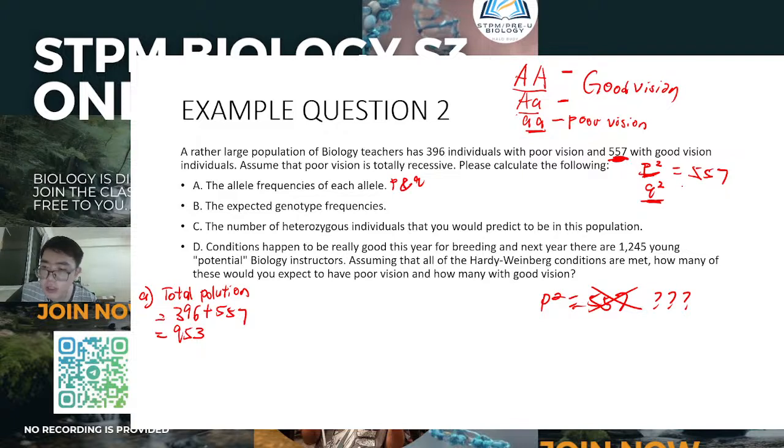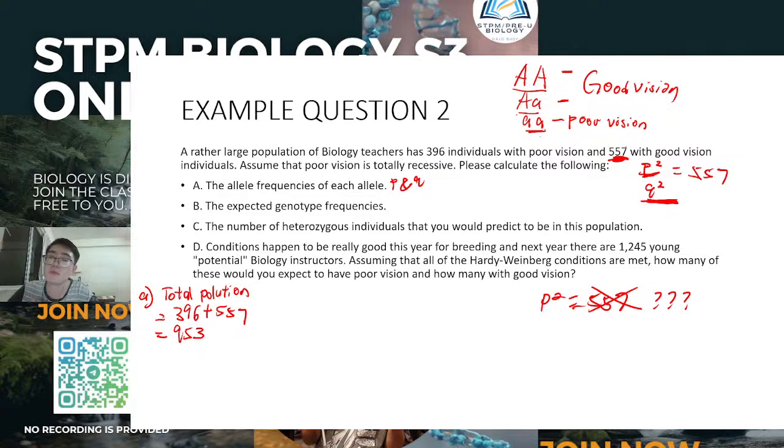If you do this, it is automatically wrong, and then your Q will also be wrong, and the entire question will get no marks at all, because you already did part A wrong. So please be alert, although it's very easy. Don't calculate P first. You need to calculate Q square first. Why is Q square correct? Because only Q square is totally poor vision.